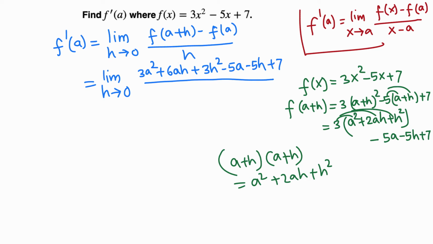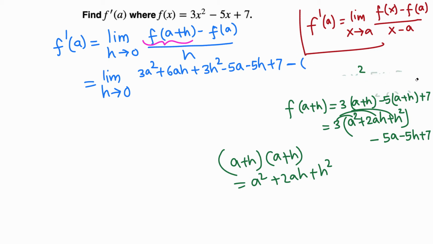Okay, that is just the first part. Now f of a should be easy. f of x is this, so f of a would be just 3a squared minus 5a plus 7. There is a negative sign in front, so we must put parentheses, or we can distribute the negative sign.